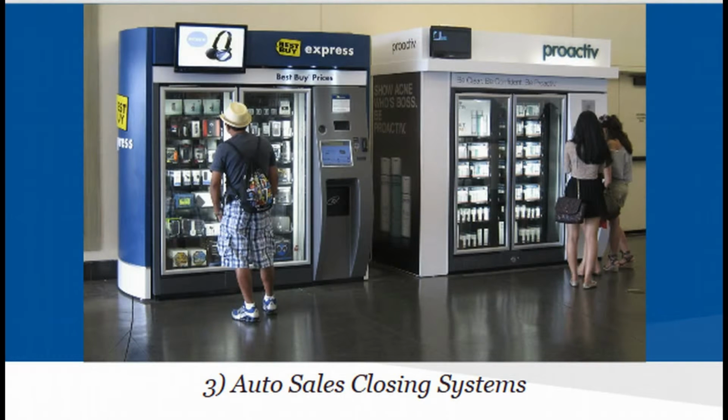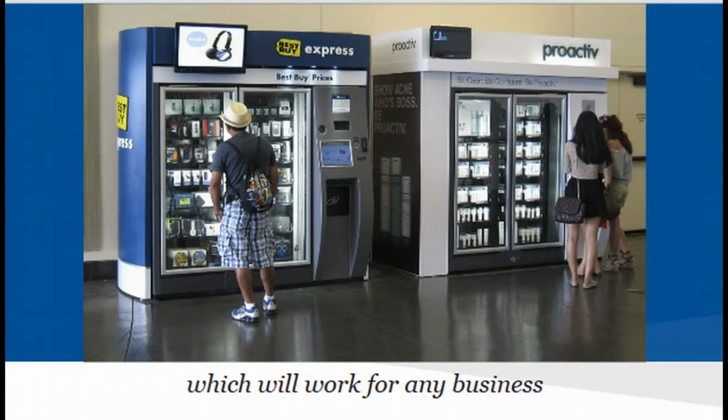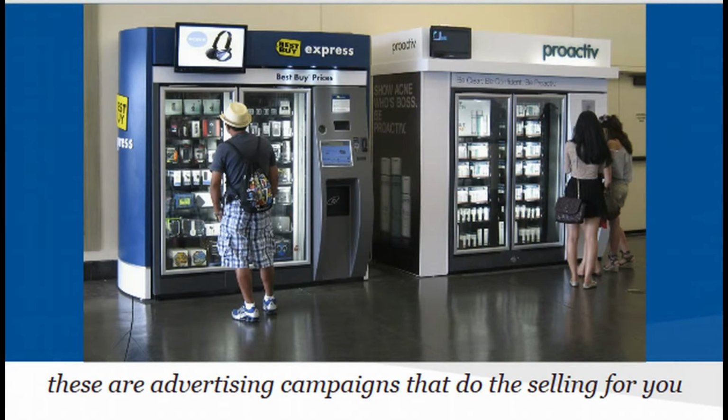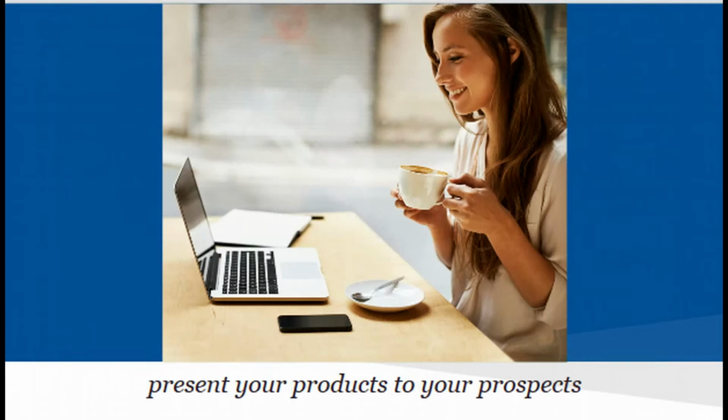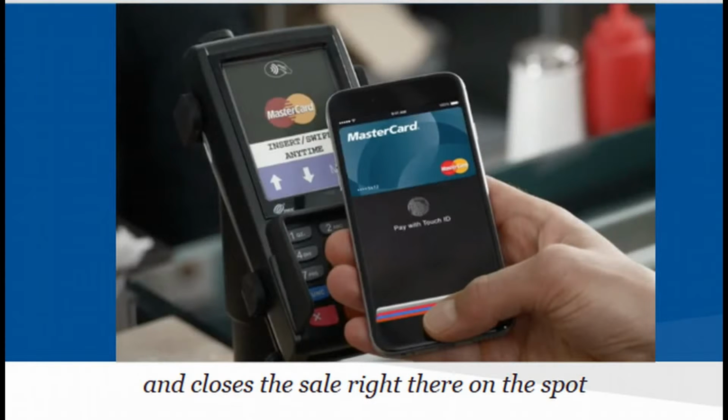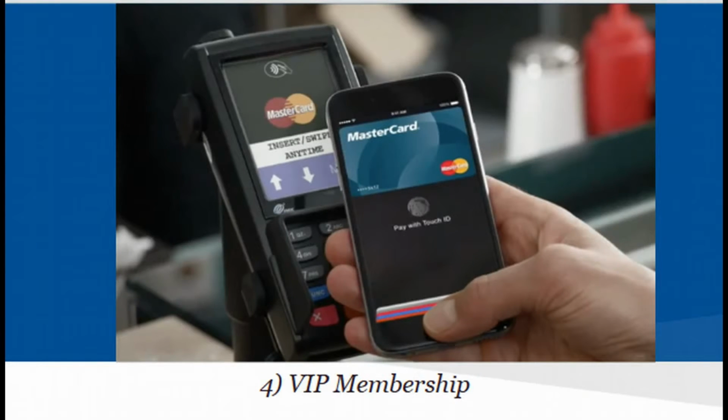Now, number three, you get what we call an auto sales closing system, which will work for any business. These are advertising campaigns that will do the selling for you. Just like your Auto Deal Creator, they will generate leads, present your products to your prospects, and close the sale right there on the spot.